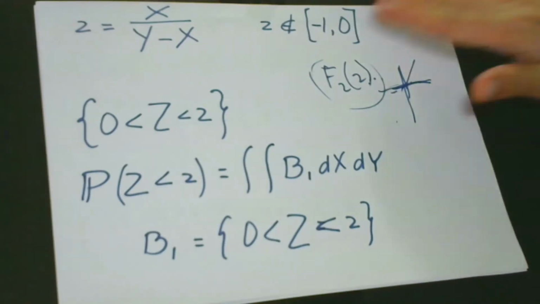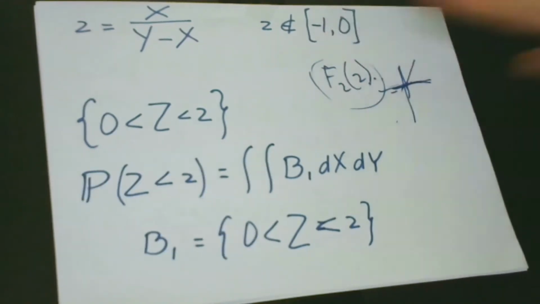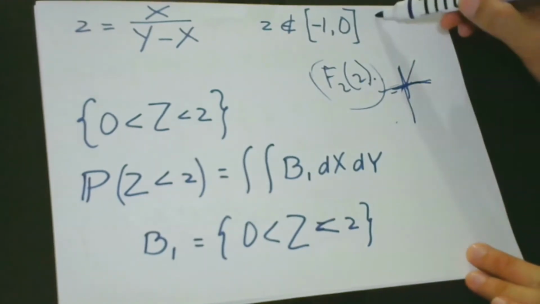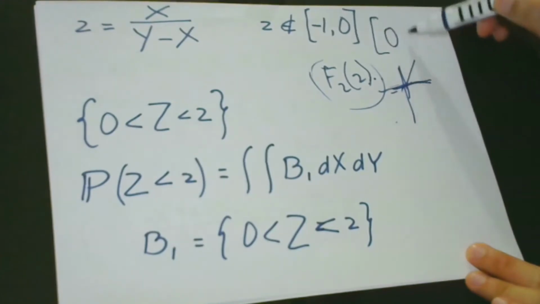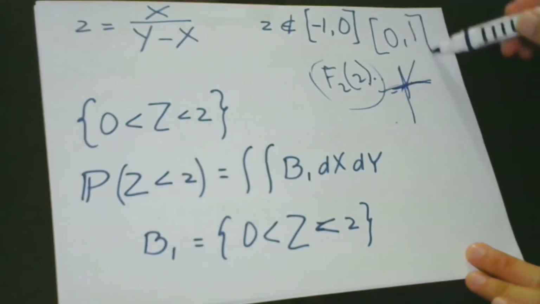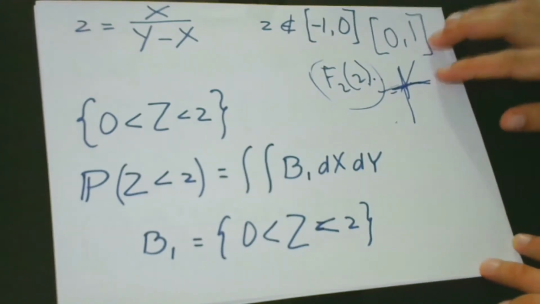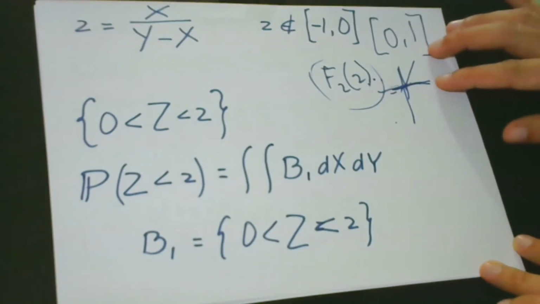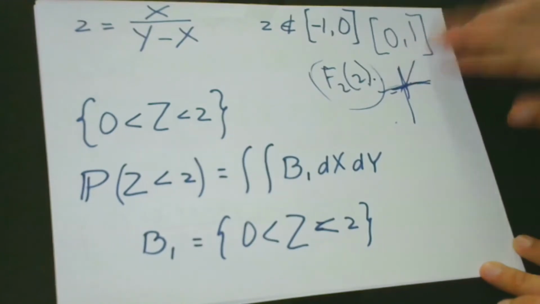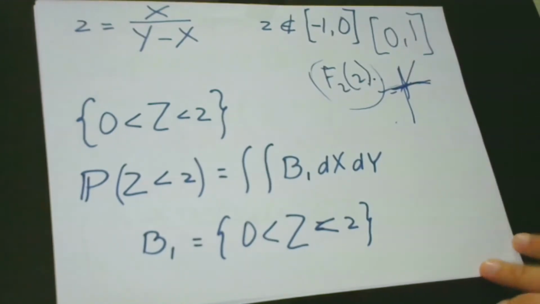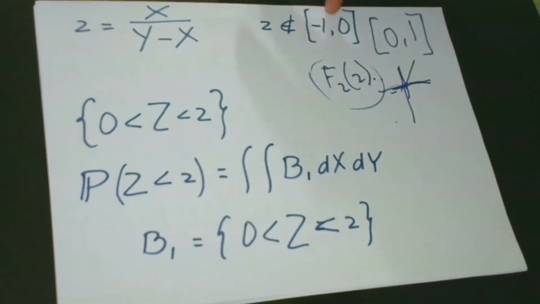Given that x and y are uniformly distributed over 1 and 0, let me write that here. Remember that this is what we talked about before, that the values of x and y would always be between 0 and 1. But let's just assume that our case now is like this, and not the other one.